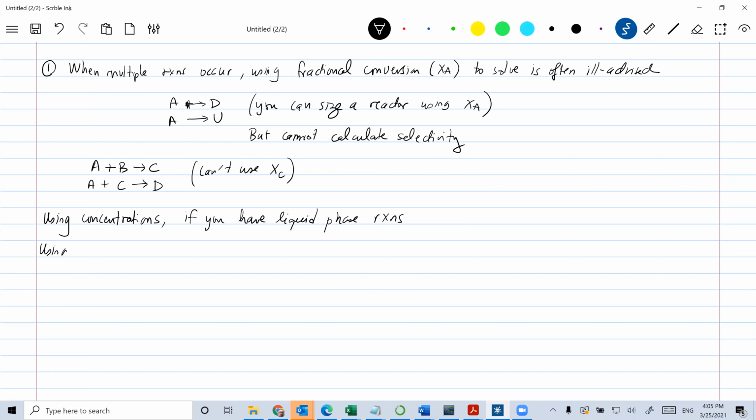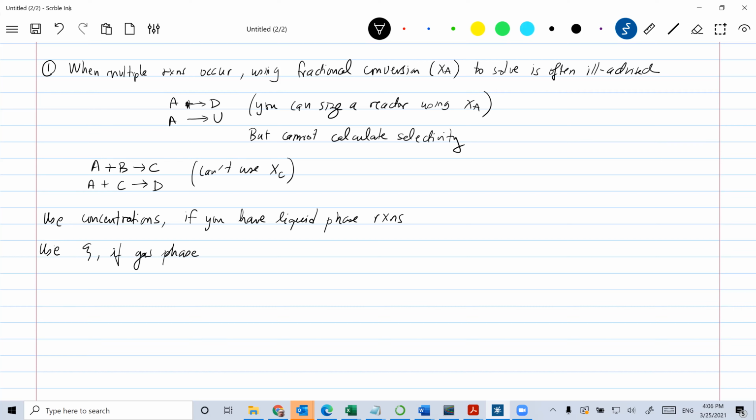So to use the extent of reaction, I want to say use it if gas phase. You can also use concentration if gas phase.